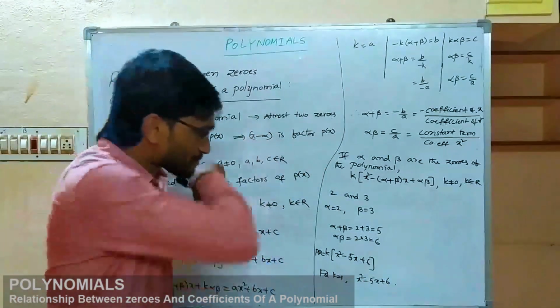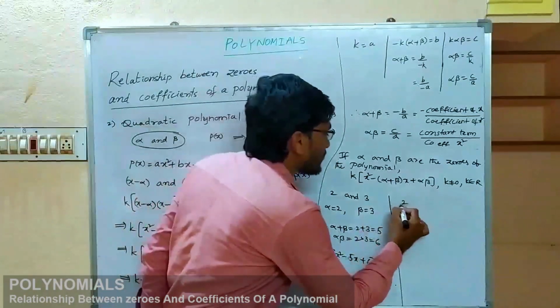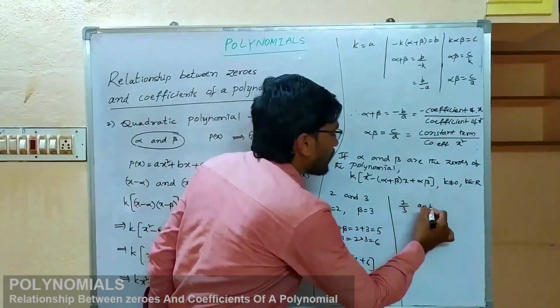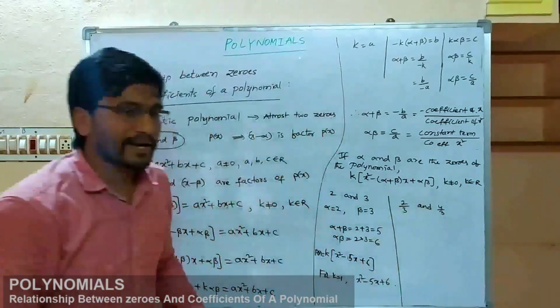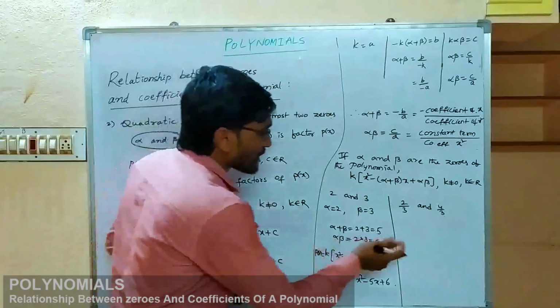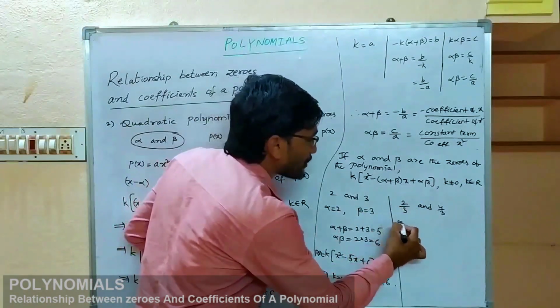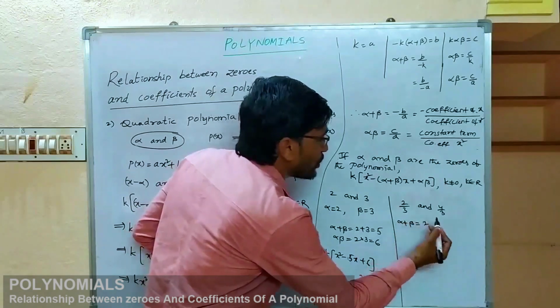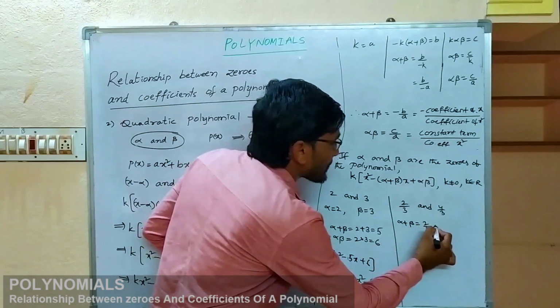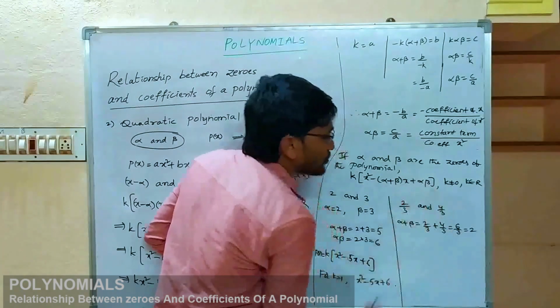Suppose we consider the zeros are 2 by 3 and 4 by 3, then find the quadratic polynomial. If they ask like that, at that time you can find alpha plus beta is equal to 2 by 3 plus 4 by 3, which is 6 by 3, nothing but 2.